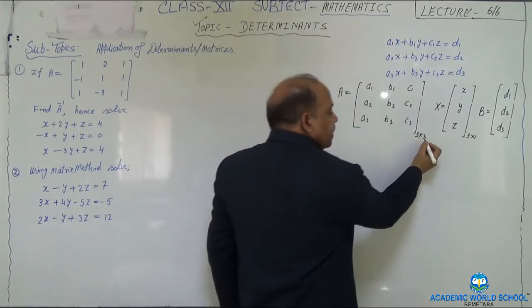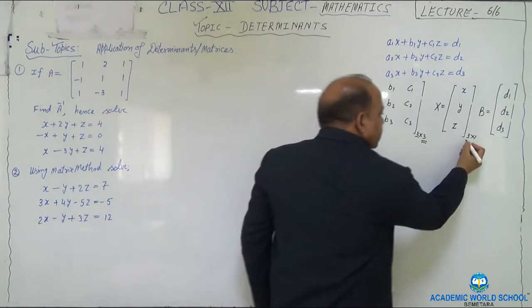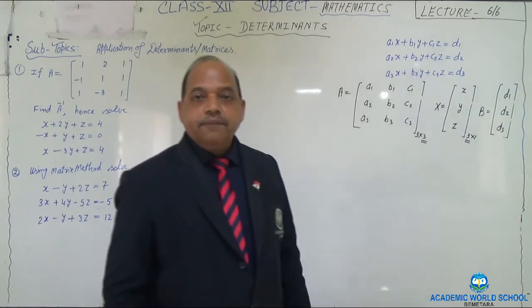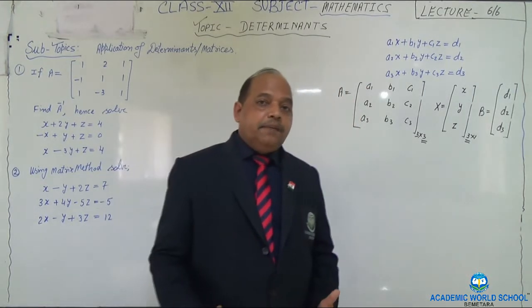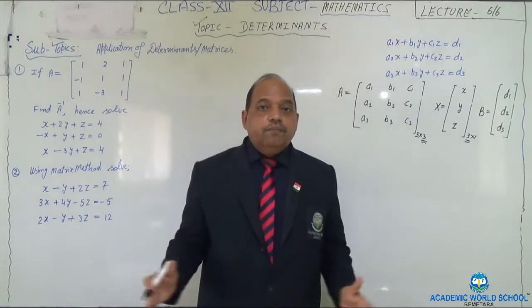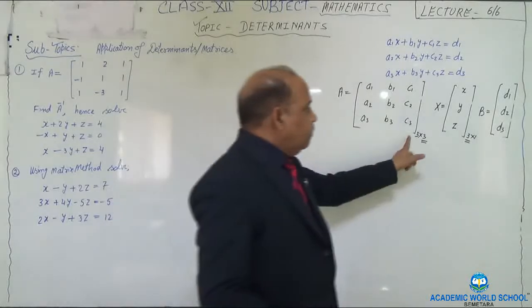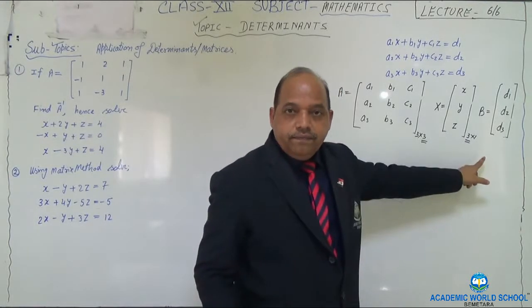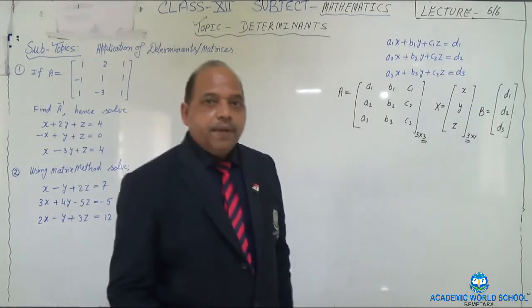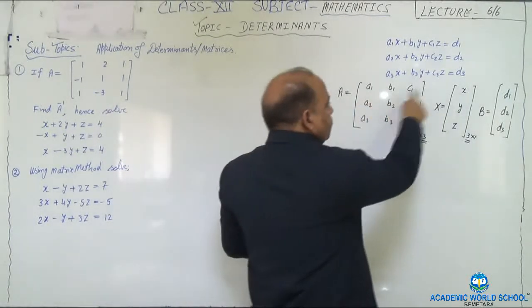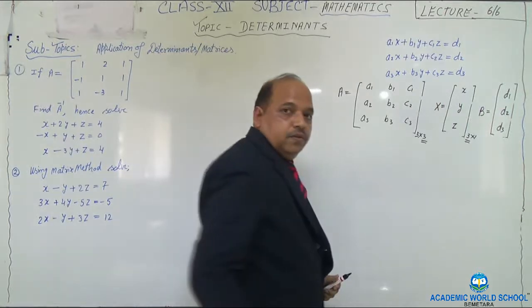Now if you see, the number of columns is 3, the number of rows is 3, it means they are equal and therefore we can multiply. After multiplying, whatever new matrix you construct, what will be the order of that? It will be 3 cross 1. Correct? So if I multiply, have patience. See what will happen. First row by first column, you will multiply.